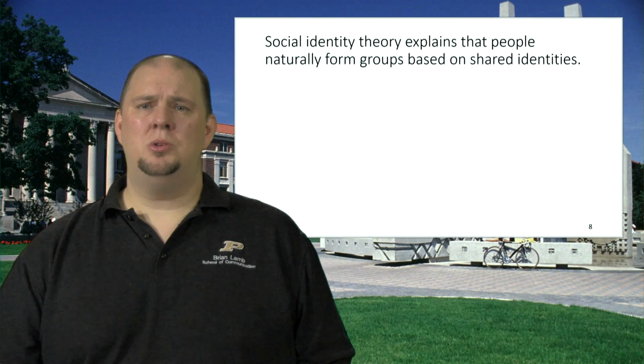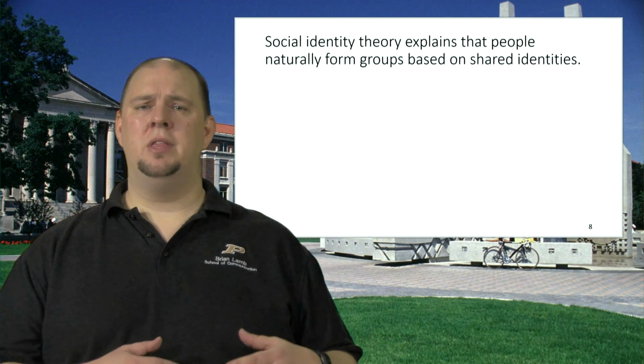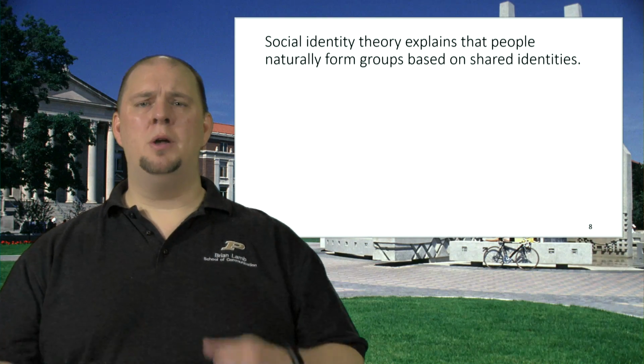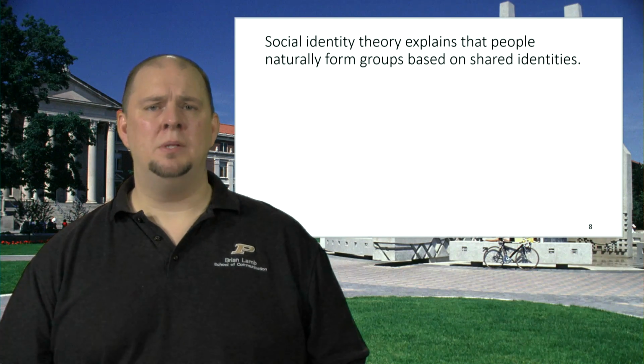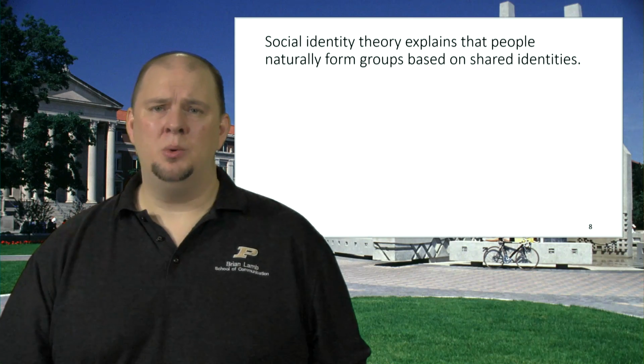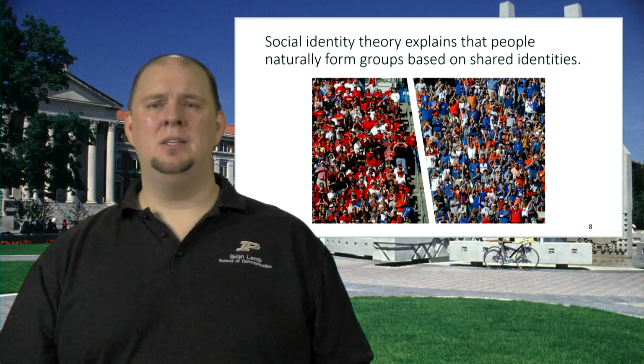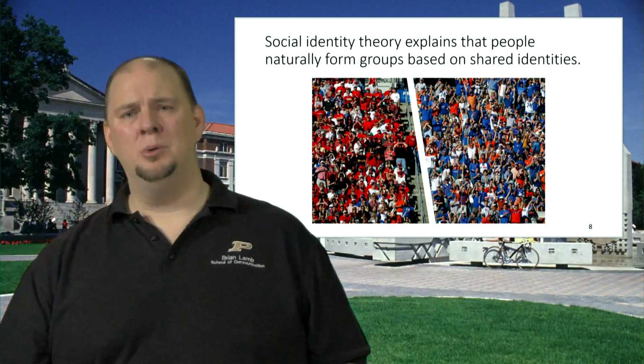So, some examples from my own life. I've taught communication courses before, and in one of my classes I've talked about something called social identity theory. Social identity theory is a theory that explains how people break into different groups and why groups are formed and what happens because of that. And if you've ever been to a sporting event, you can clearly see that people break into groups, red team or blue team.